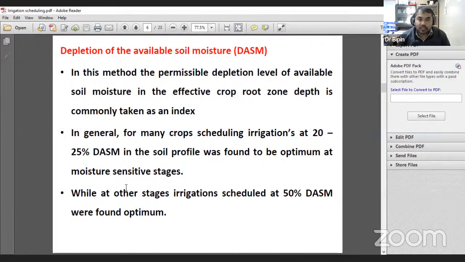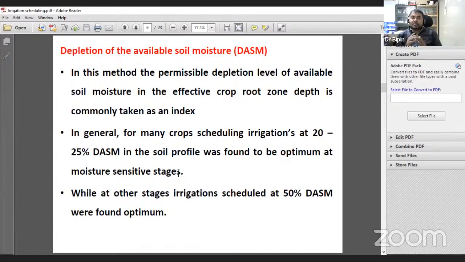So here you can see that generally for many crops, scheduling irrigation at 20 to 25% depletion of available soil moisture in the soil profile was found optimum at moisture sensitive stages. Those moisture sensitive stages are, as I told you, flowering, pod development, grain formation, dough stage.